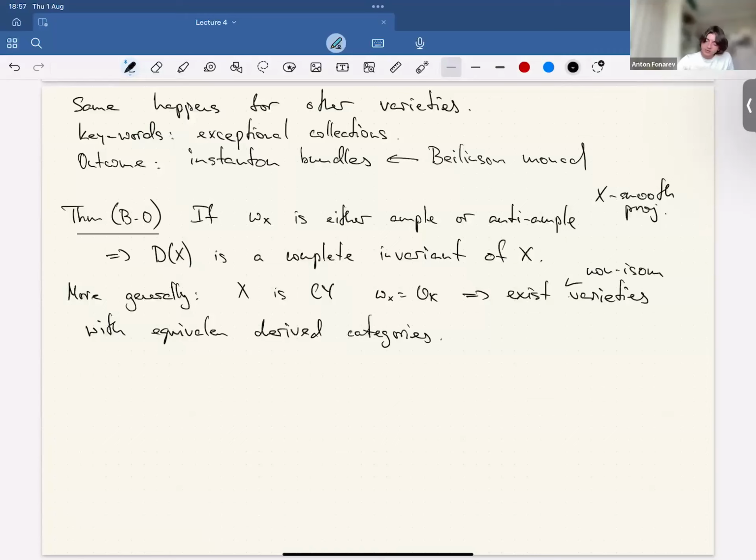And this leads you to a very large discussion that again comes out of physics, but has arrived into mathematics. And this is homological mirror symmetry.